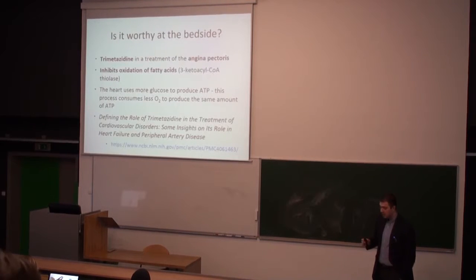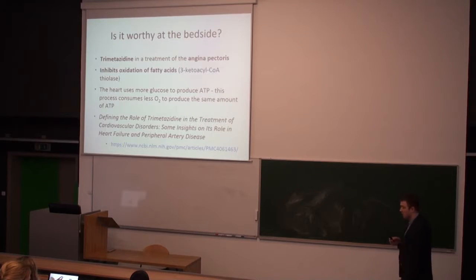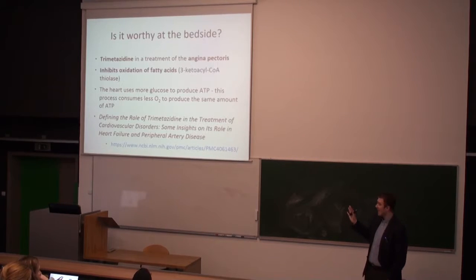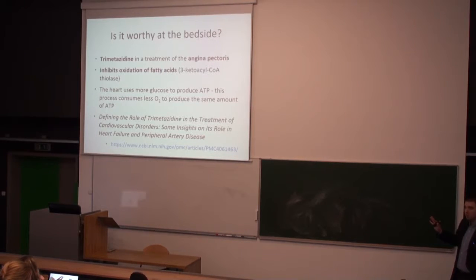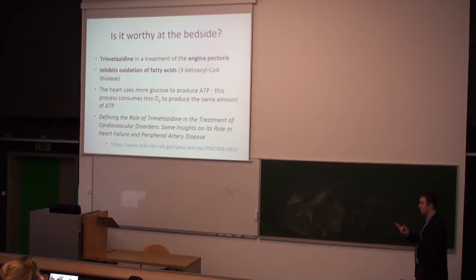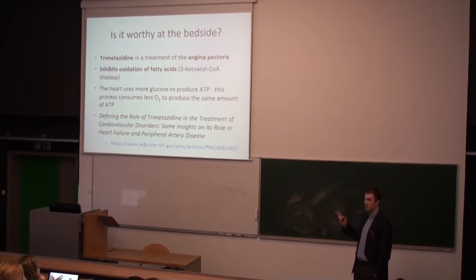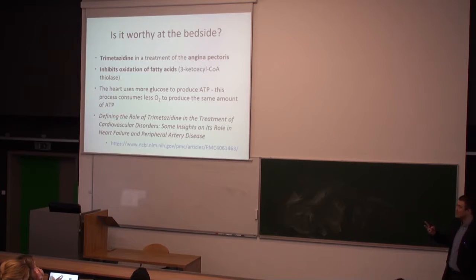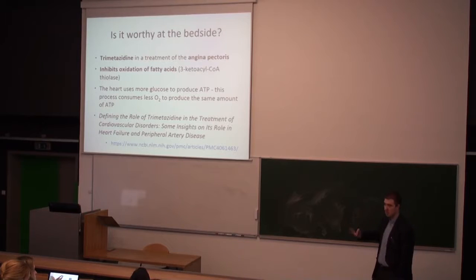How can you use this knowledge in your further clinical practice? When you go to further years, you will learn about the many drugs that can be used in the treatment of cardiovascular disorders. Today I will try to mention some of them in the corresponding part, only for you to see why it's useful to learn it. On the topic of energy metabolism of the heart, we can mention one drug that is not first-line treatment, but in some persons you can use it as a subsequent or additive treatment.